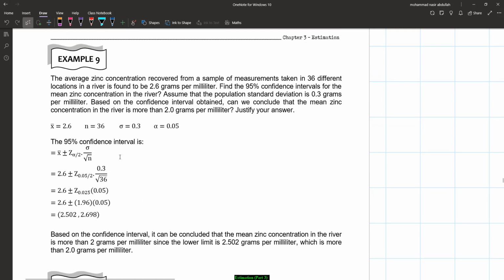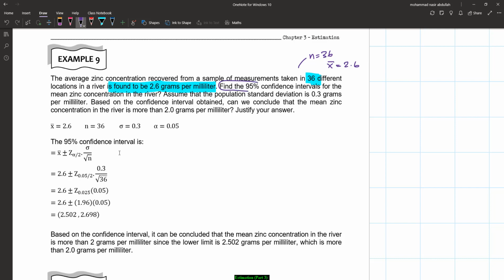So now let's look at example number 9. The average zinc concentration recovered from sample measurements taken from 36 different locations in a river was found to be 2.6 gram per milliliter. So we have n equal to 36 and the mean is equal to 2.6.